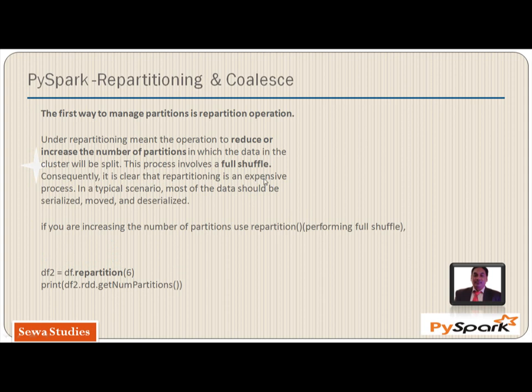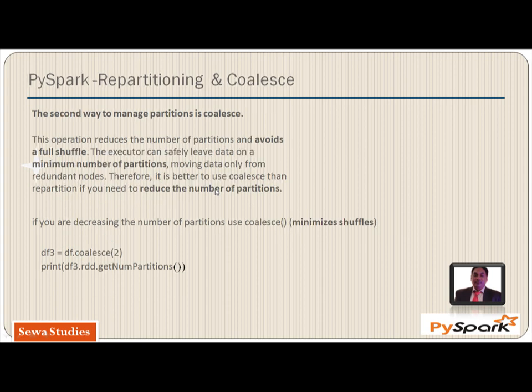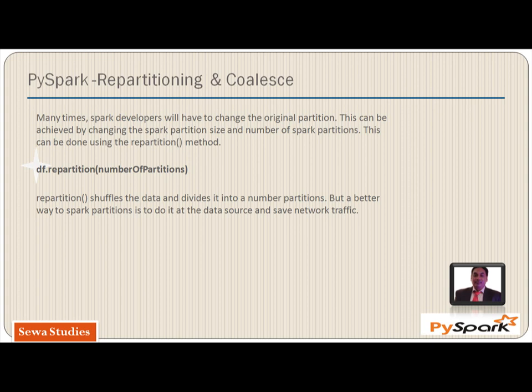Repartition is full shuffling, used for increasing and decreasing partitions, but coalesce uses minimum shuffling. That is the main difference between repartition and coalesce. Many times a Spark developer will need to change the original partitions, which can be achieved by changing the Spark partition size.